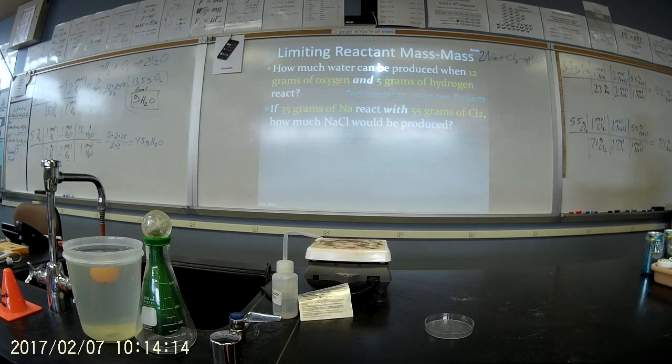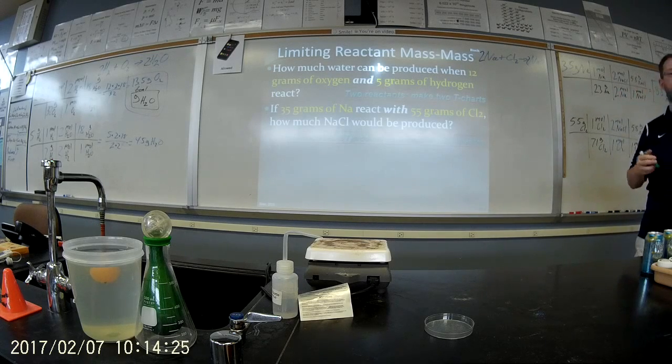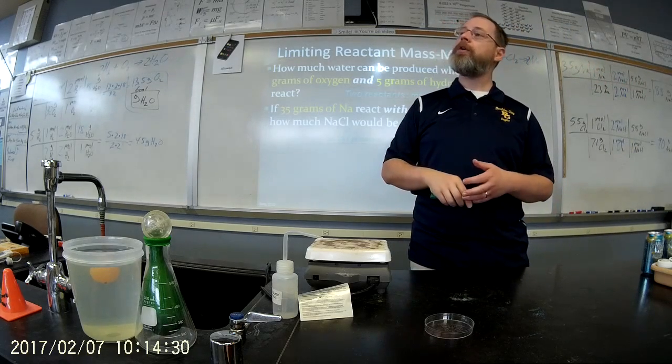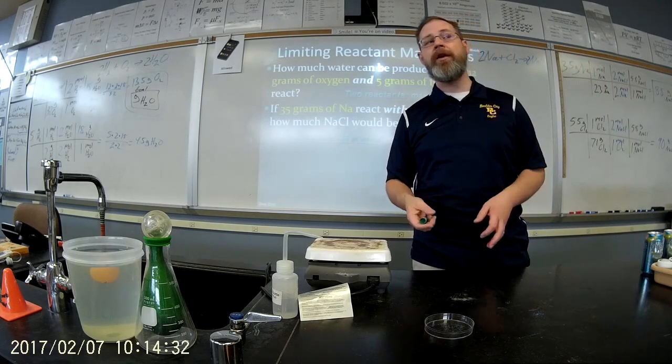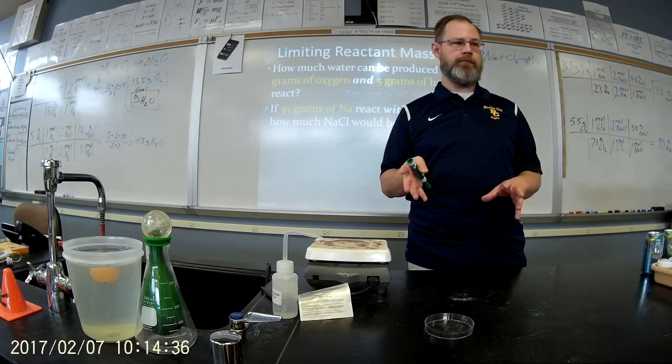So they're really close, but the sodium is going to run out first. So the sodium is our limiting reactant, and it's only going to allow us to make 88 grams of sodium chloride. Sodium is the limiting reactant. Chlorine is the excess reactant.